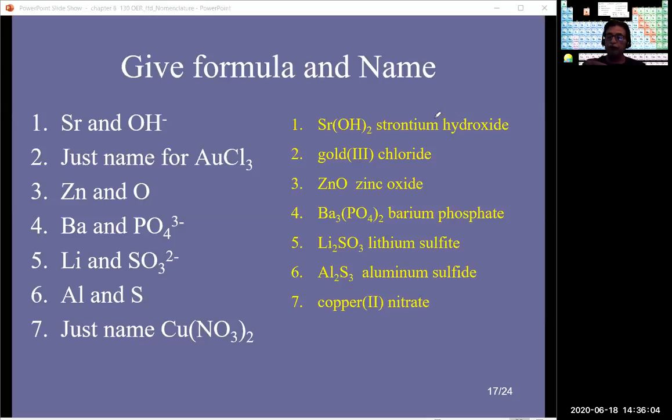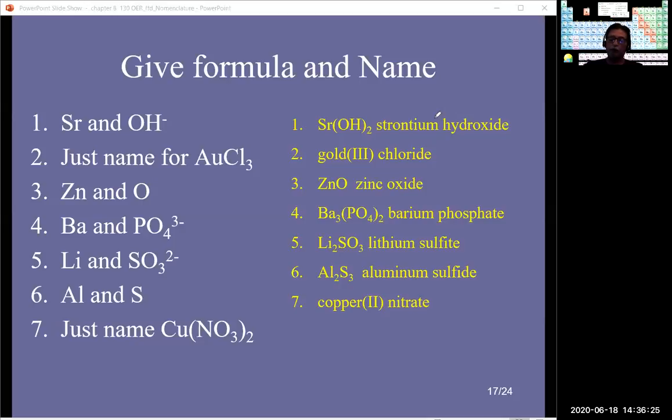The same is true for nitrate, NO3. There's also NO2, so it goes from nitrate to nitrite, okay? But they're in your table, you can see the trend there. And so here, it's SO3, and so it's the sulfite.